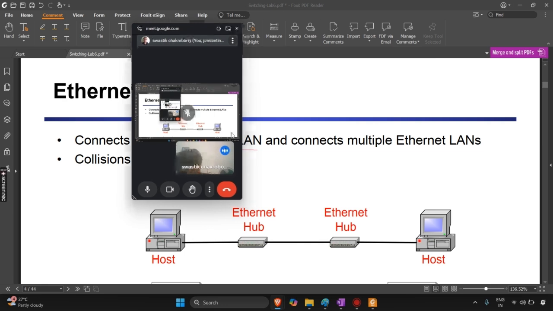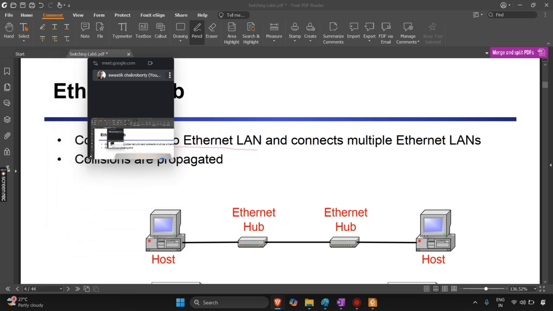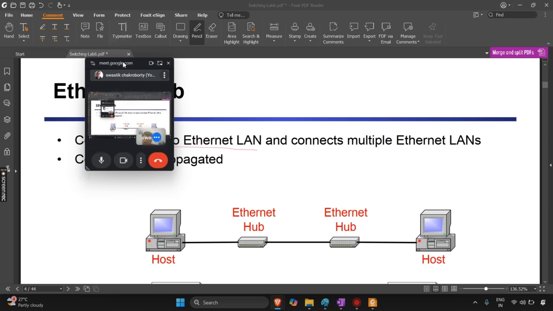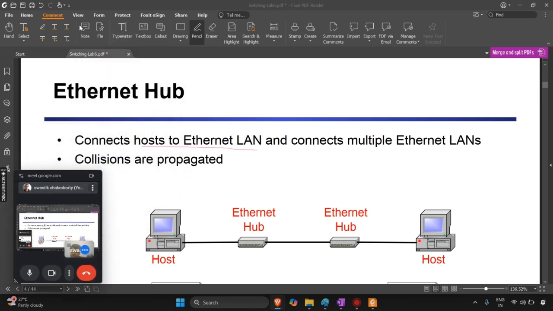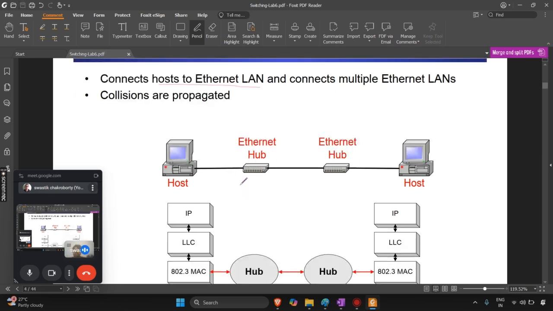Here the hub connects all the hosts to the end user network.